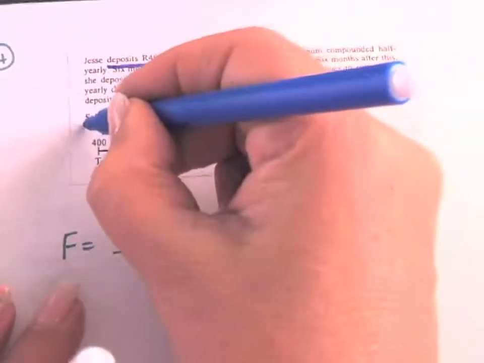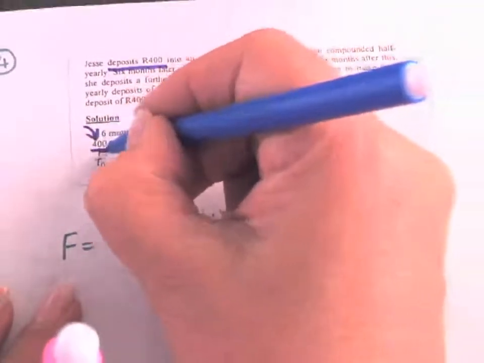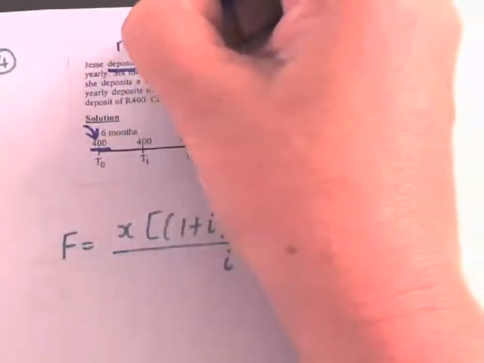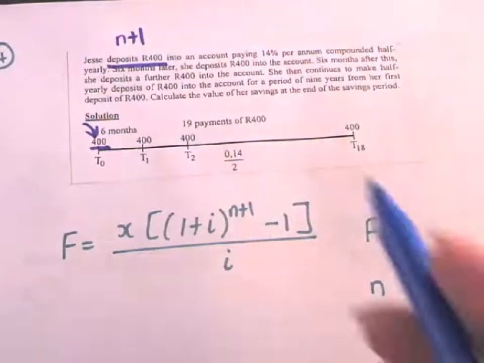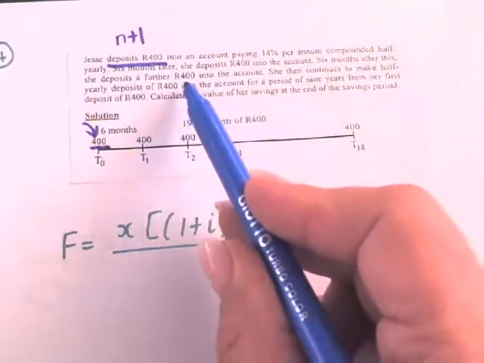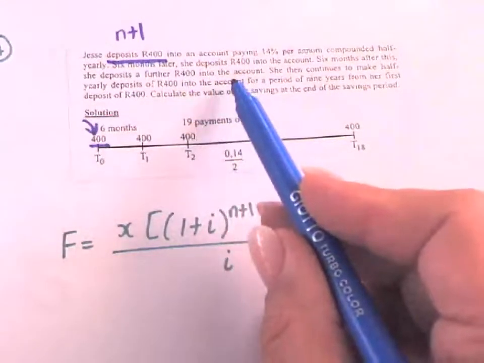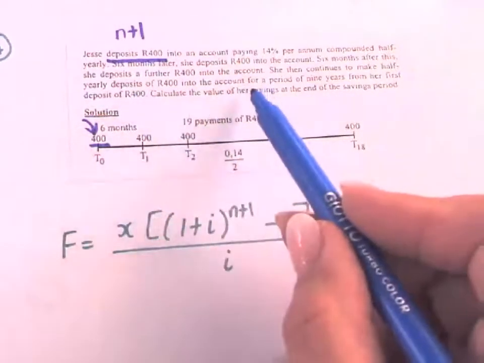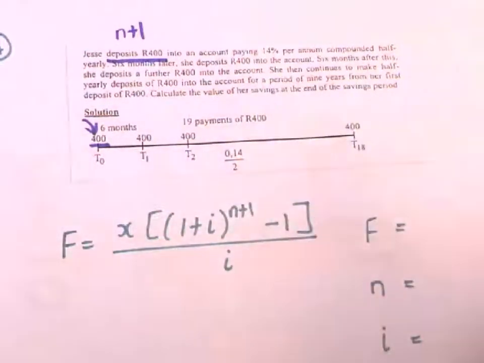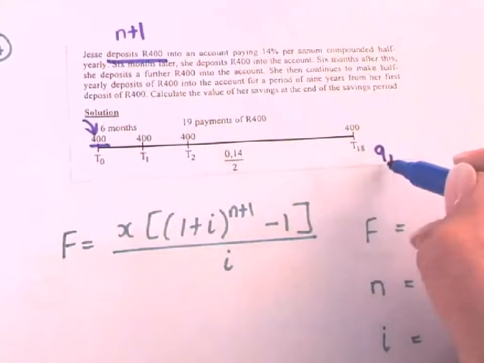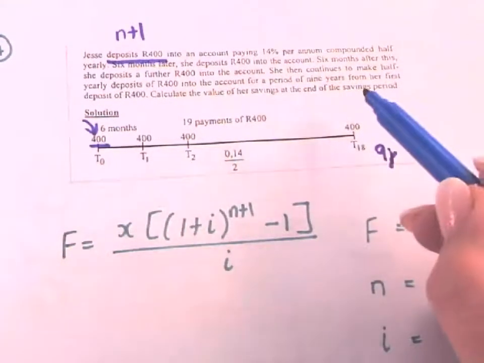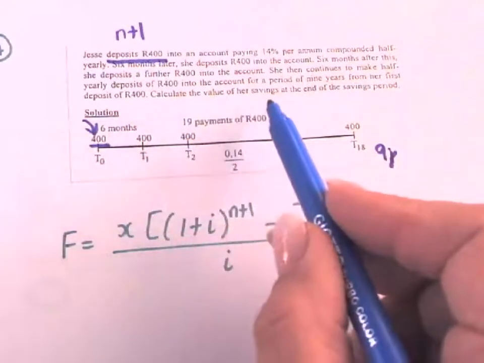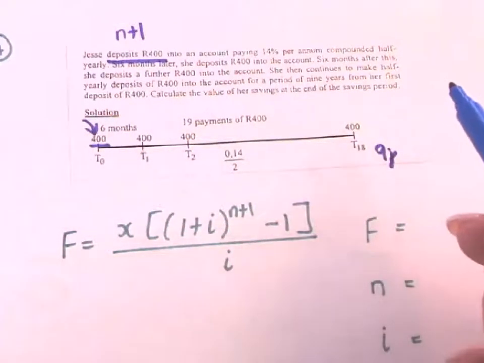So this is our immediate 400. N plus 1. And then she deposits 400 Rand every 6 months. She continues to make half-yearly deposits into the account for a period of 9 years from her first deposit of 400. Calculate the value of her savings at the end of the period.